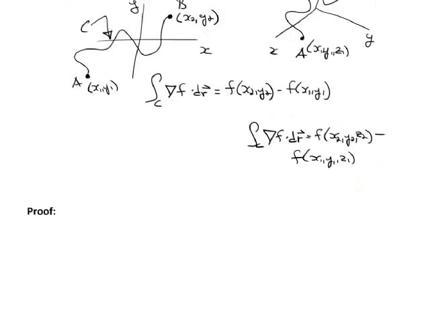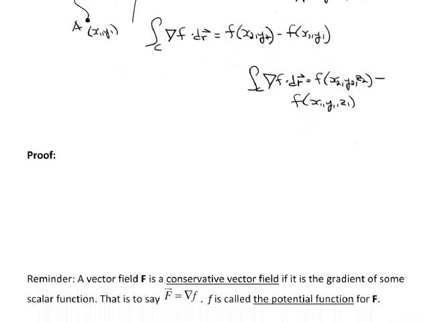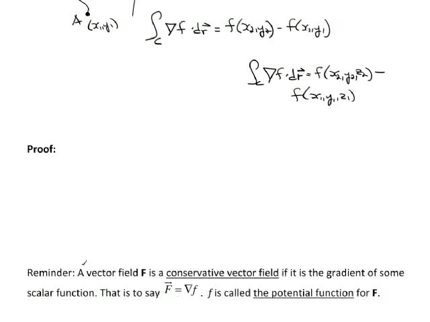Now, just very quickly, it does not take much to do a proof for this one. So to prove this, I'm going to say this line integral is equal to the integral from a to b of the gradient of f at r of t dot r prime of t dt.